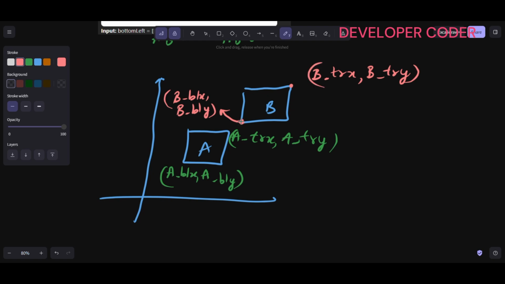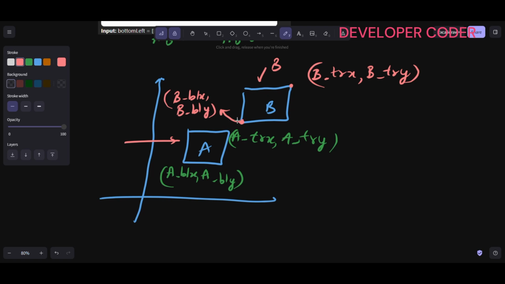Now here, using nested loops, I will find out two squares A and B. And for these two squares, I will find out if there is any intersecting region. If there is any intersecting region, then we have to calculate the max area of a square that we can easily fit.